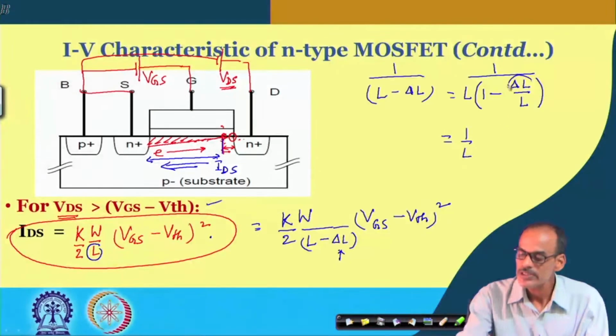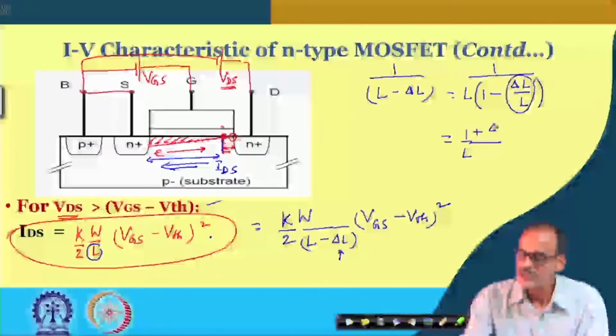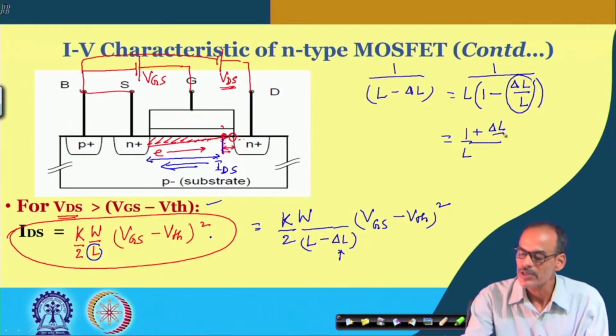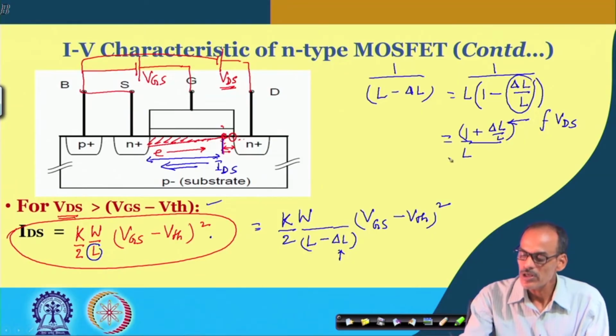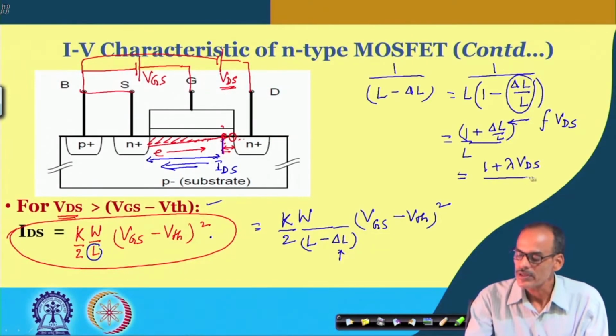If I assume that this part is very small compared to 1, then by Taylor series expansion you may take only one part of it, 1 plus delta L divided by L, and this delta L part is a strong function of VDS. Since this portion is very small, normally it is considered as 1 plus lambda into VDS divided by L.